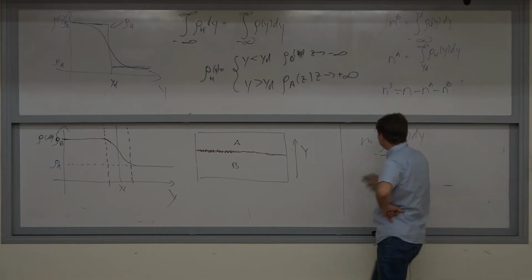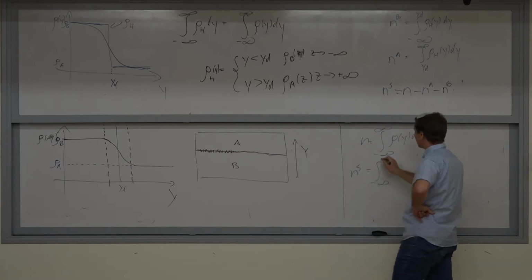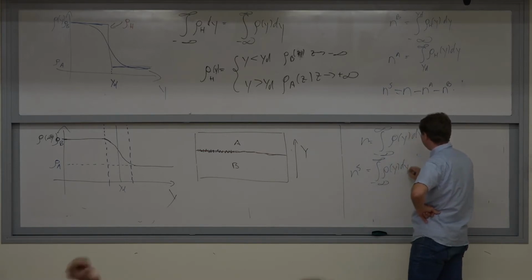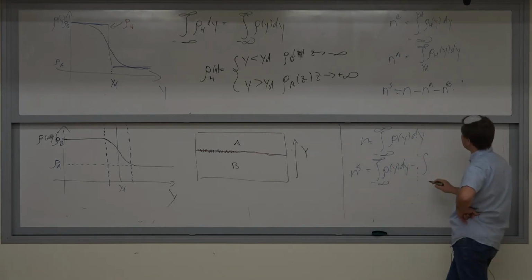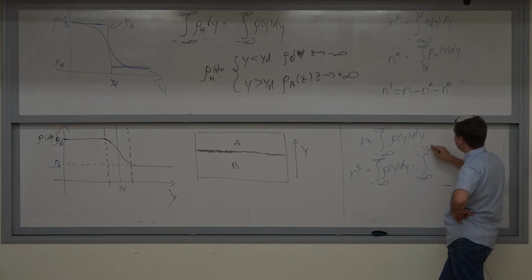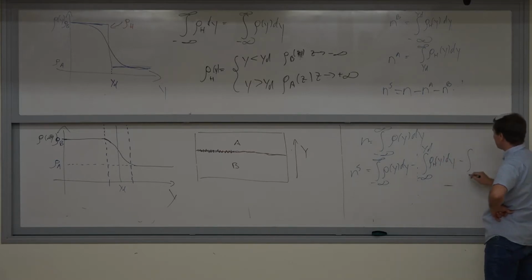So we have that the number of particles at the surface equals an integral from minus infinity to infinity of rho of y dy, minus an integral from minus infinity to yd of rho hypothetical of y dy, minus an integral from yd to infinity of rho hypothetical of y dy.